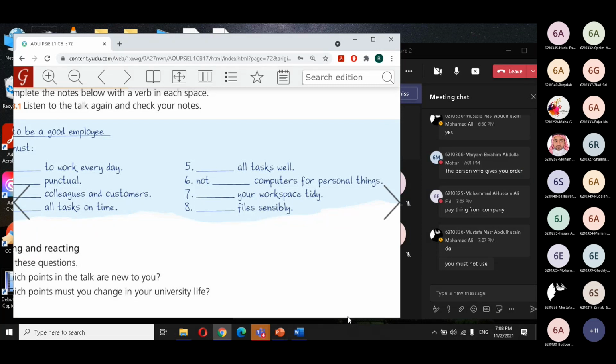We said workspace means the place where you work: desk, cupboard, shelves. And the last one, "you must files sensibly." Organize.